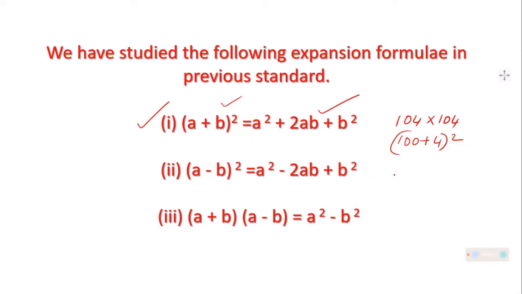If it was 96 square, you may write it as (100 minus 4) whole square and apply this formula.